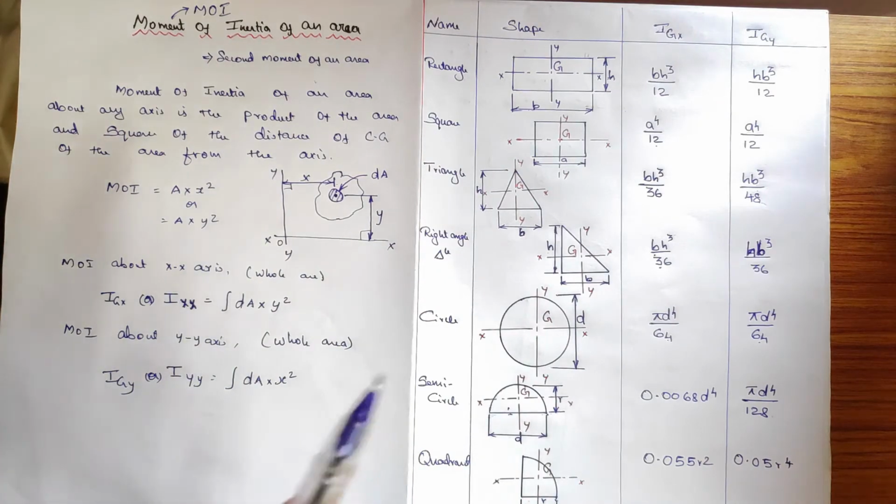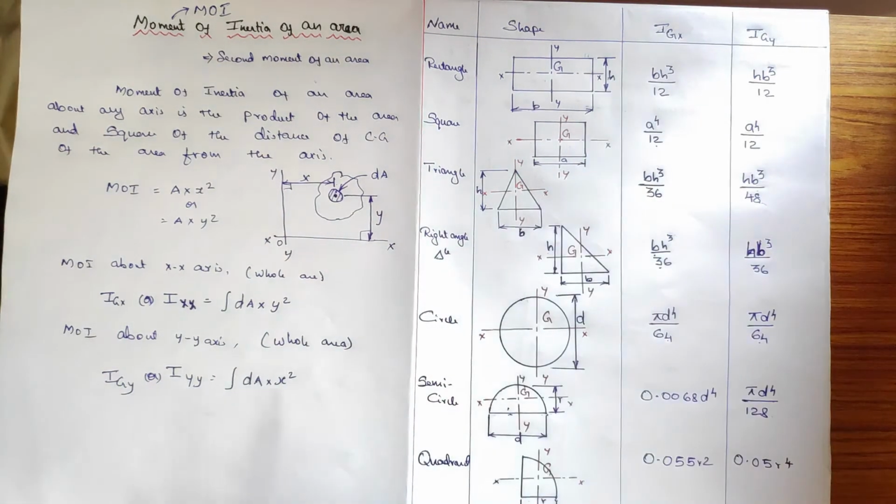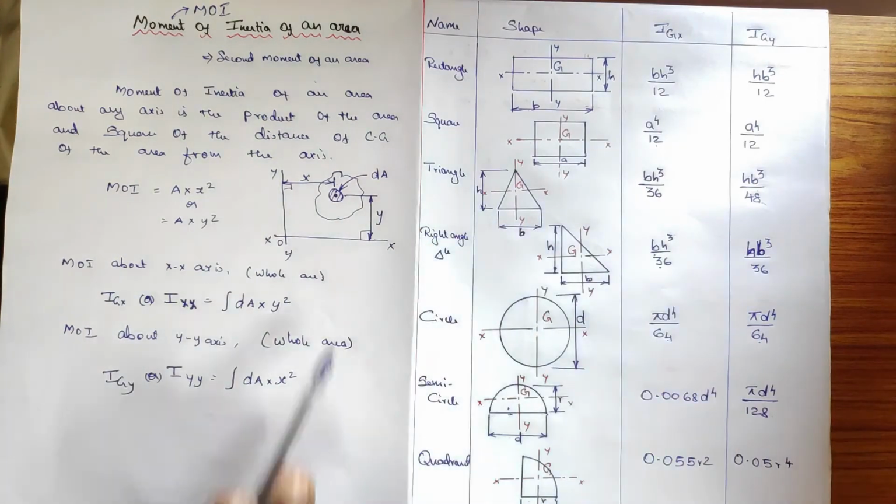If you know the moment of inertia of an area for these particular shapes, then when you have compound shapes, by splitting them down you can calculate the entire moment of inertia for the compound element. So please learn those formulas, it will be helpful.